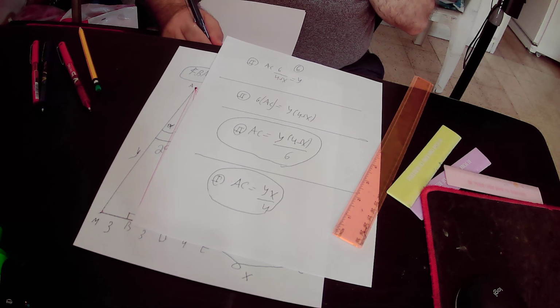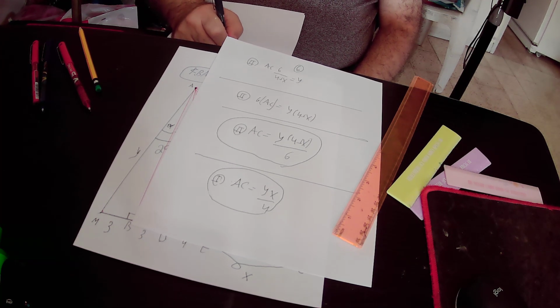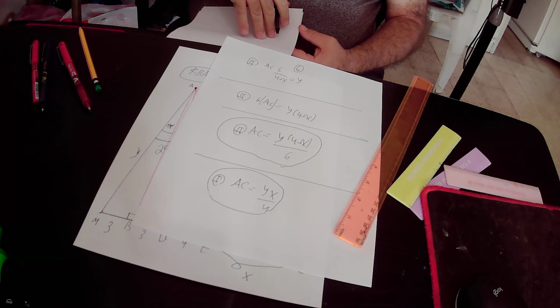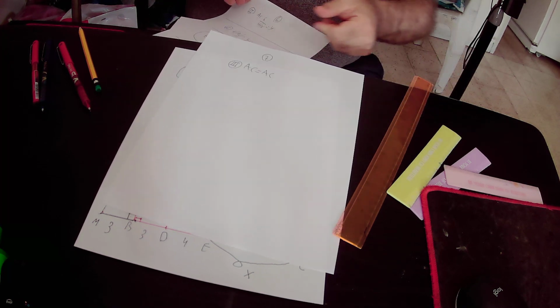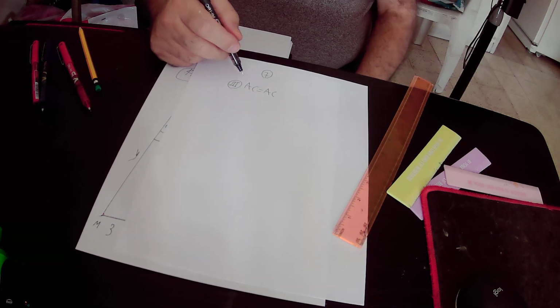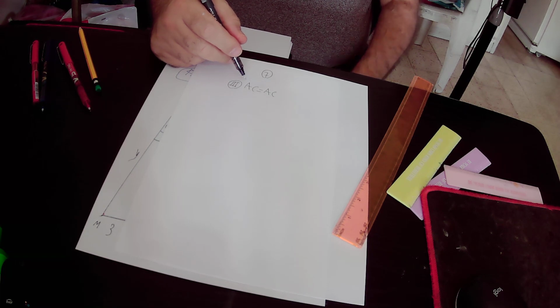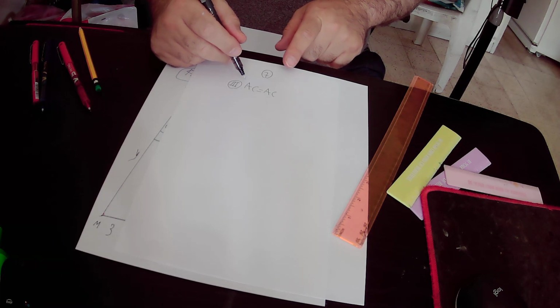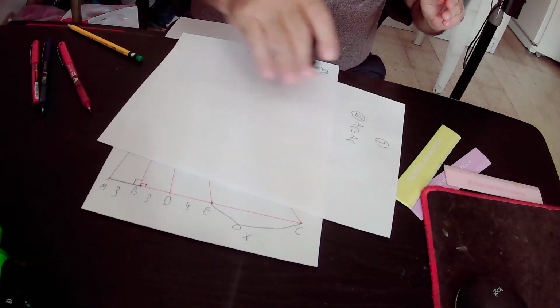In the next step we will create equation number 3, that is the equality that AC equals AC. We will substitute AC on one side by the value of AC in equation number 1, and on the other side we will substitute AC by the value of AC according to equation number 2.